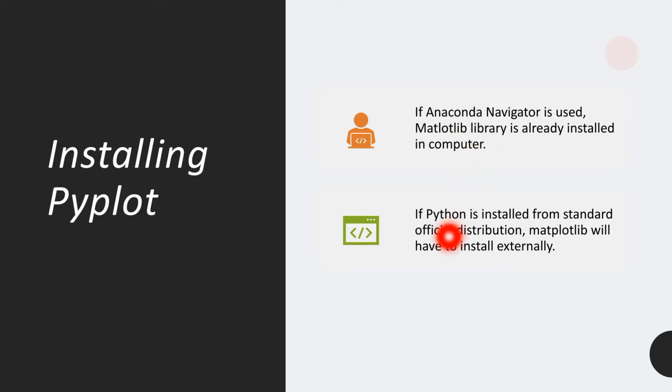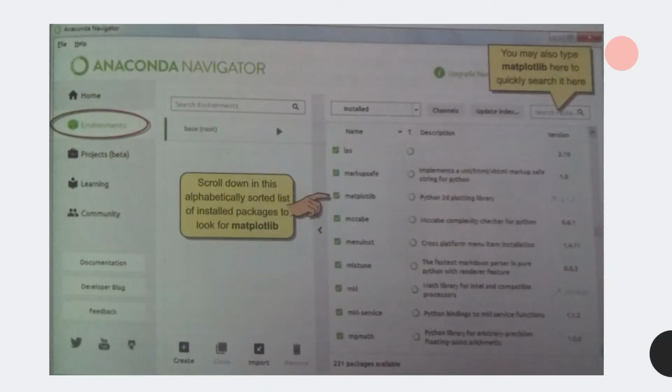But if you are using the standard official distribution, you have to install matplotlib with pip. There are videos you can refer to, and they are in the description of this video. Now this is a screenshot of Anaconda Navigator showing how to find the matplotlib library.